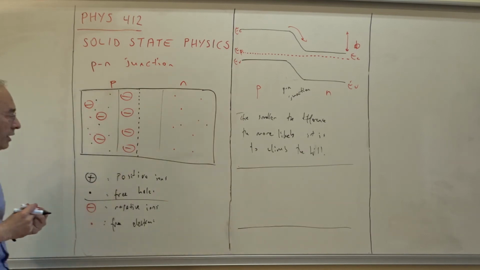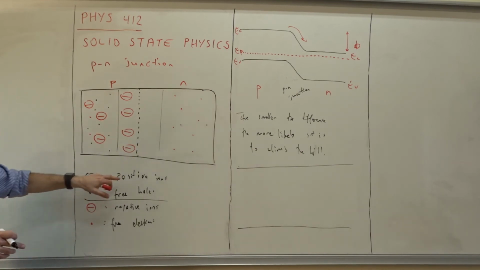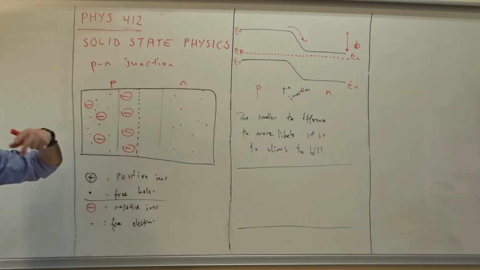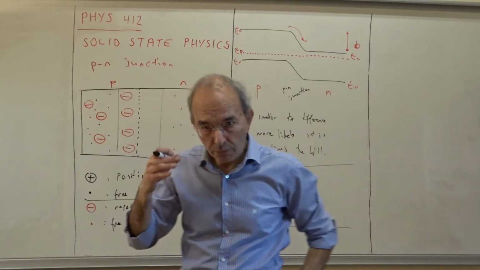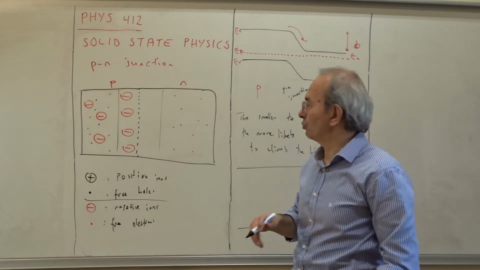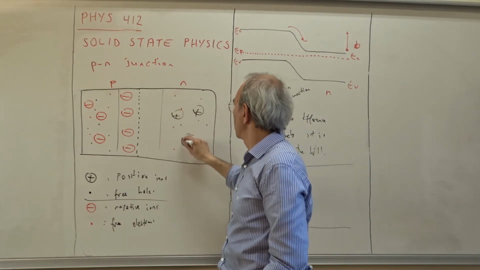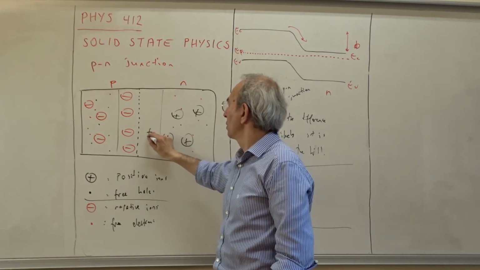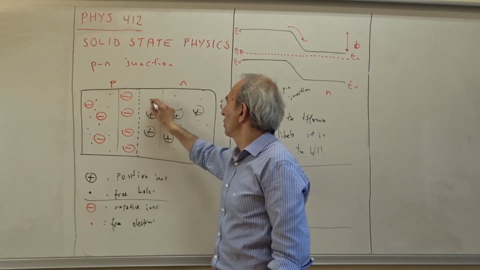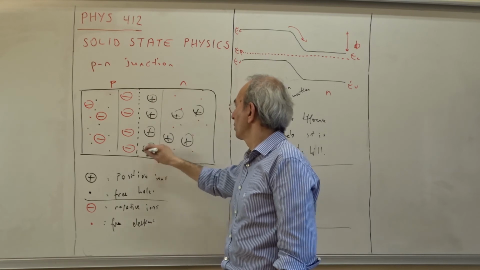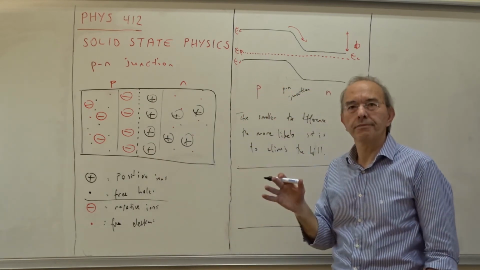And for the other part, we have just the opposite case of positive ions, because there are many more free electrons. So there are these here. Okay, so this is the basic picture.